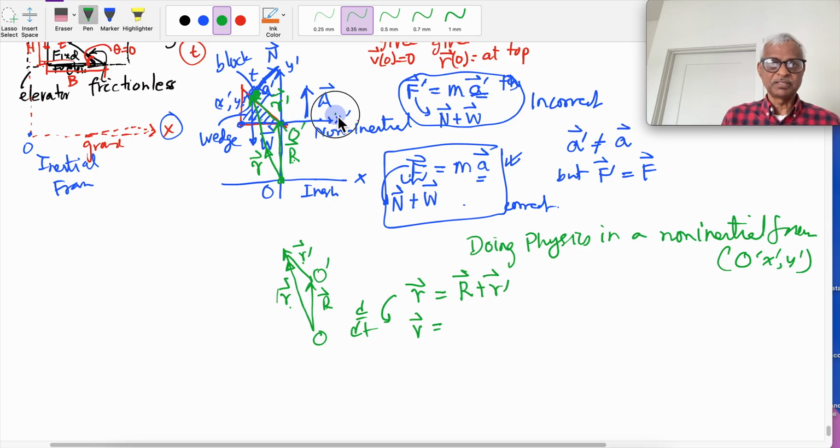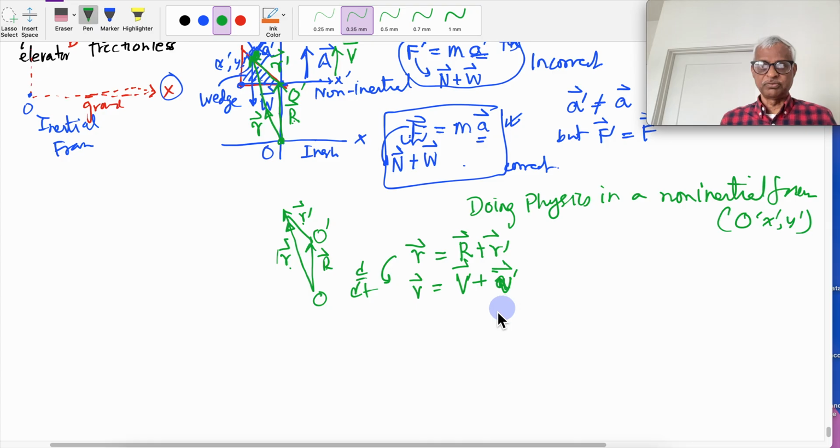This frame has some velocity V at some time t. We're all talking about time t. So this will be the capital V of the non-inertial frame, and little v prime with respect to the non-inertial frame.